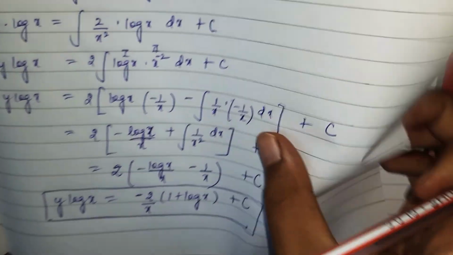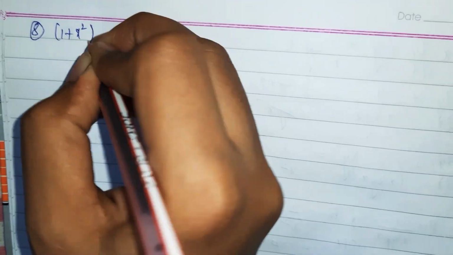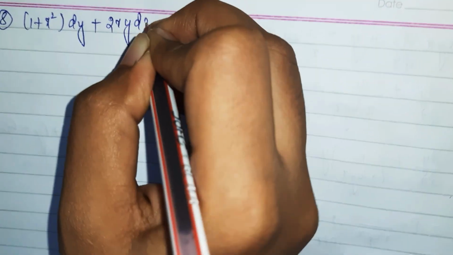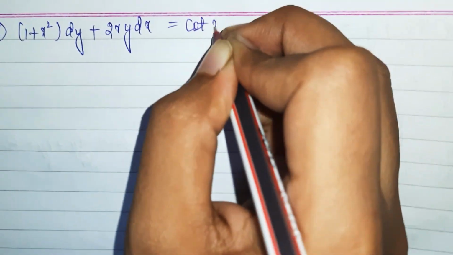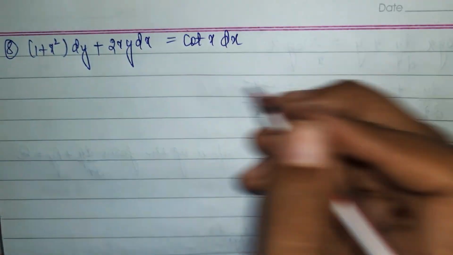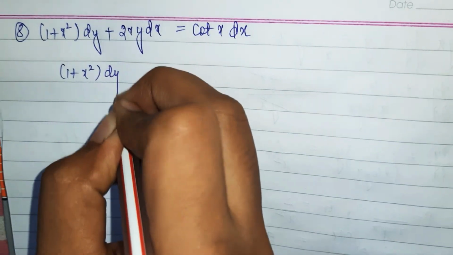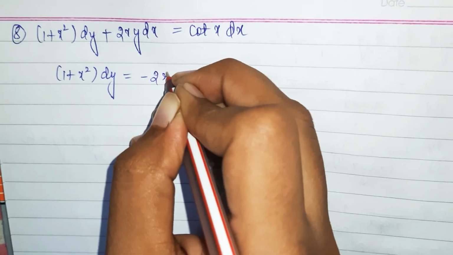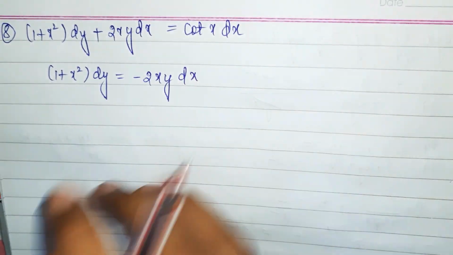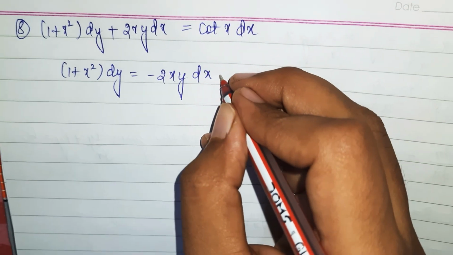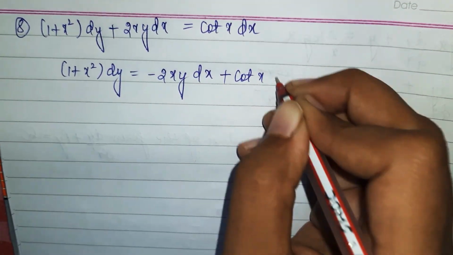Now come to the next question. In question number 8, again calculate the general solution. (1 plus x square) dy plus 2xy dx equals cot x dx. So what we need to do? (1 plus x square) dy equals minus 2xy dx plus cot x dx.